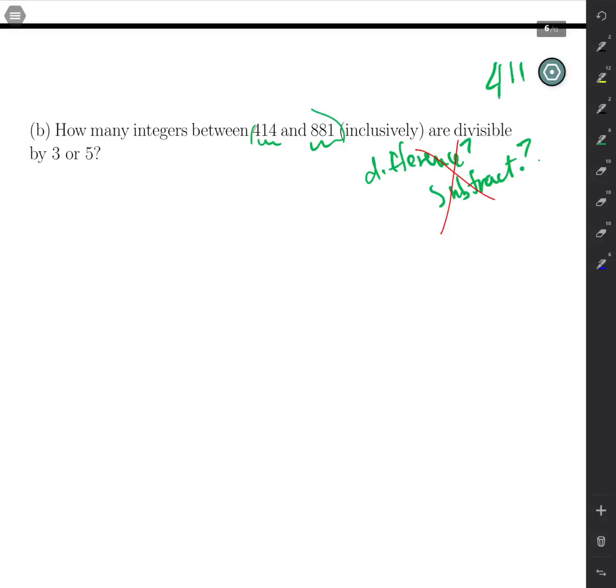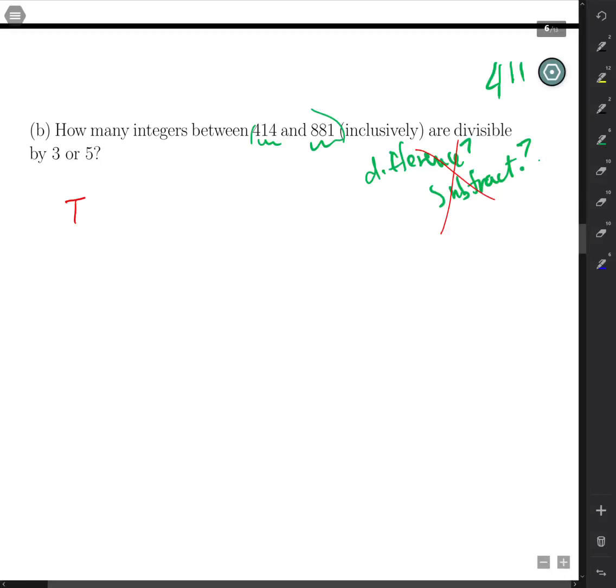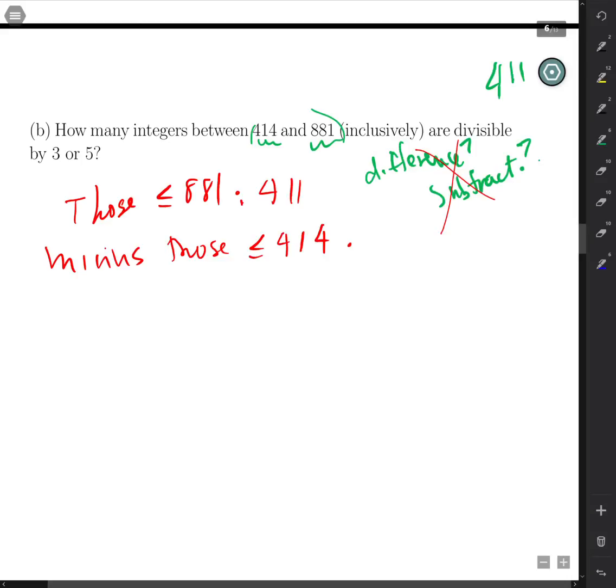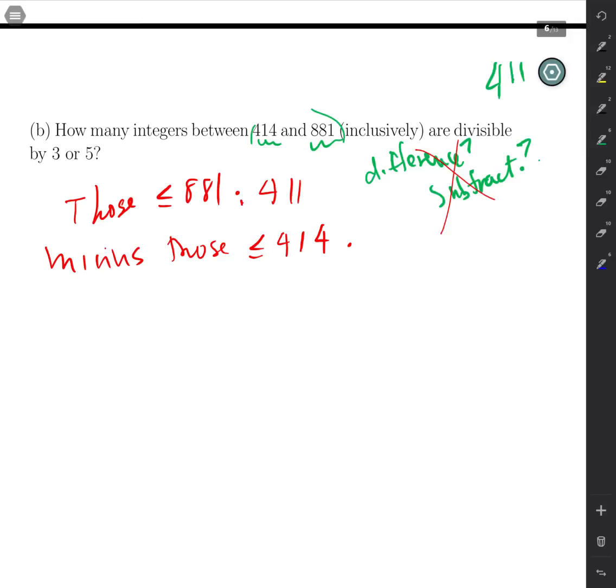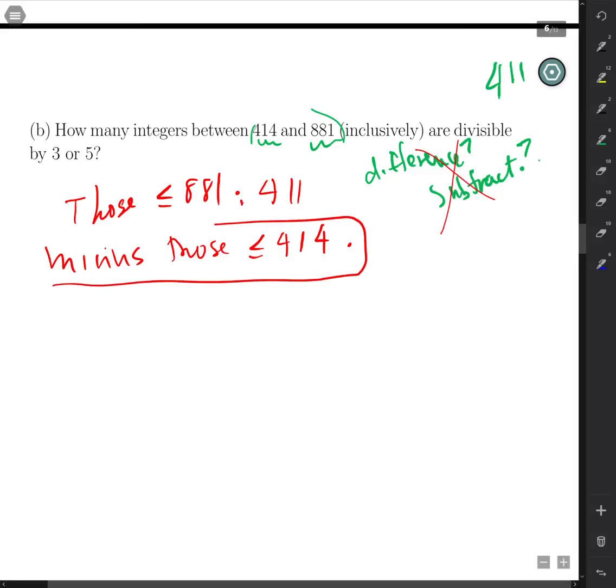So rather than doing that, what we're going to do is take those less than or equal to 881, and we already got that as 411, minus those less than or equal to 414, because in both cases starting the count from 1 means it's easier, because you're saying 3 times 1, 3 times 2. You're just counting them all from 1 up to the number you need. But we'll do the same idea here now. So for those less than or equal to 414, we'll take 414 divided by 3 and take the floor function of that.